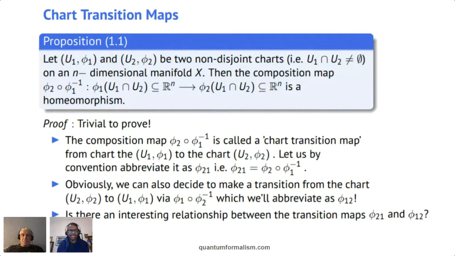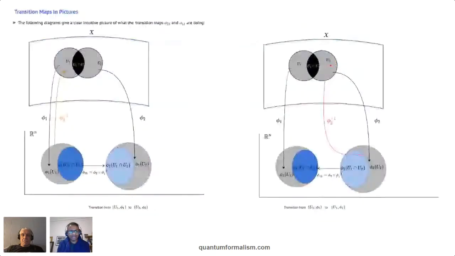I claim that the next slide may make things easier. Okay, so here's the thing. Apologies for my drawing. I was trying to use draw.io to make these graphics, and it's a bit of a pain to put in arrows, so the arrows are not that nice, but hopefully you can see. So this is the first example. This is the chart transition from chart U1 phi 1 to chart U2 phi 2.